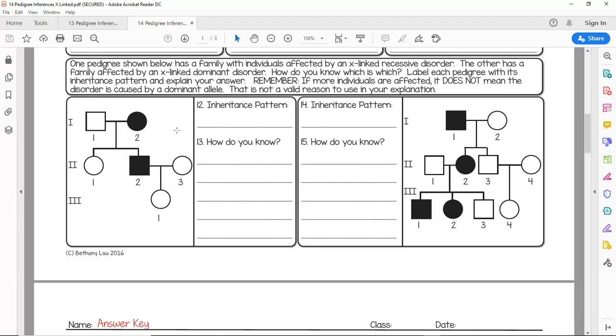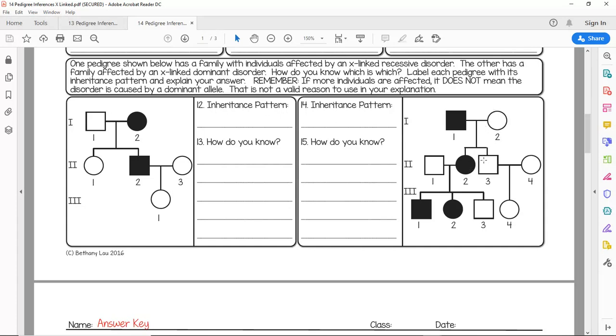It's opposite of this one here. Affected father, let's look at the son. Father is affected, son unaffected. So notice it seems to be father and daughter. And remember, she can still be heterozygous here and affected.